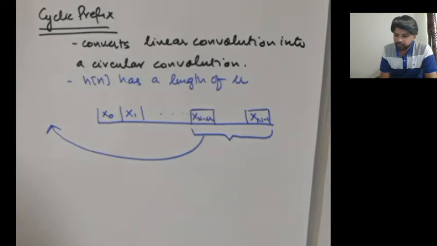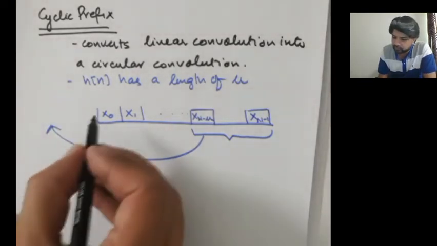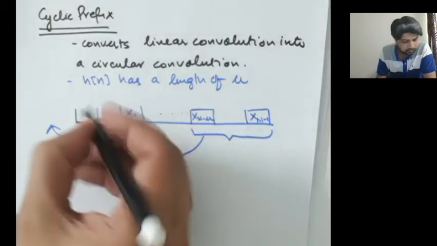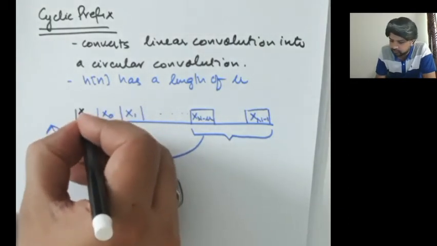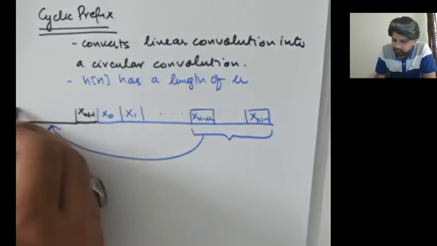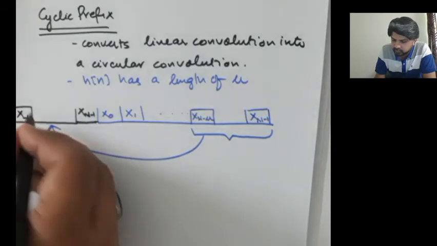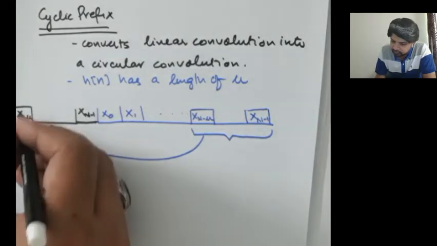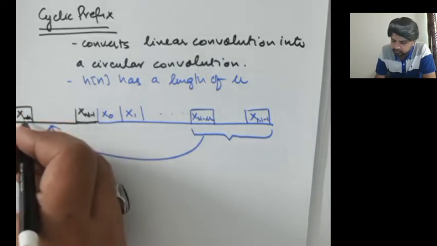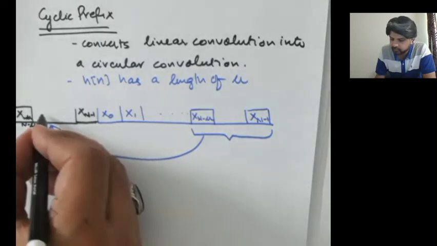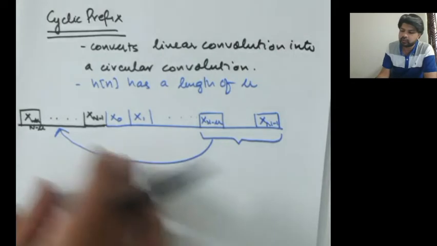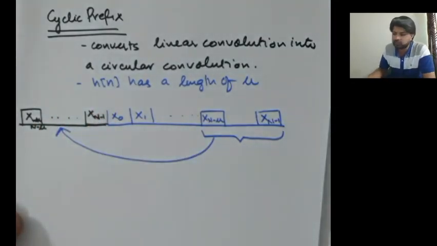So what is happening is you would have this x of n minus 1 placed here, right? This would be x of n minus mu. Okay. The last mu samples are taken from the end and put as a cyclic prefix upfront into the symbol.